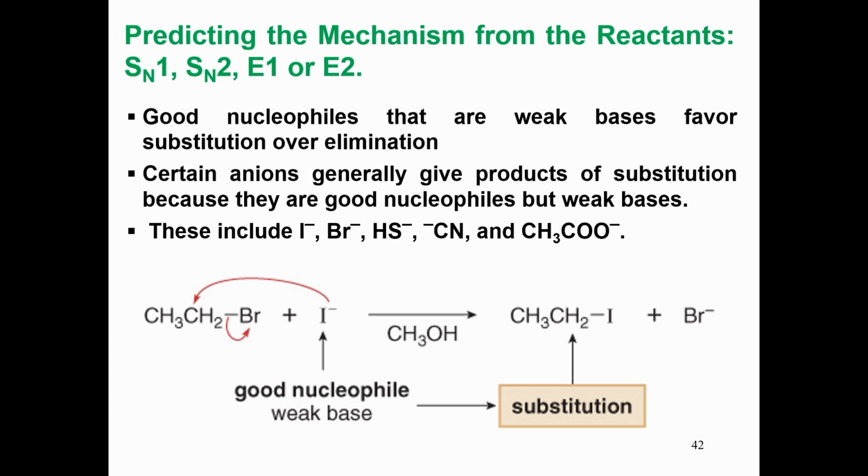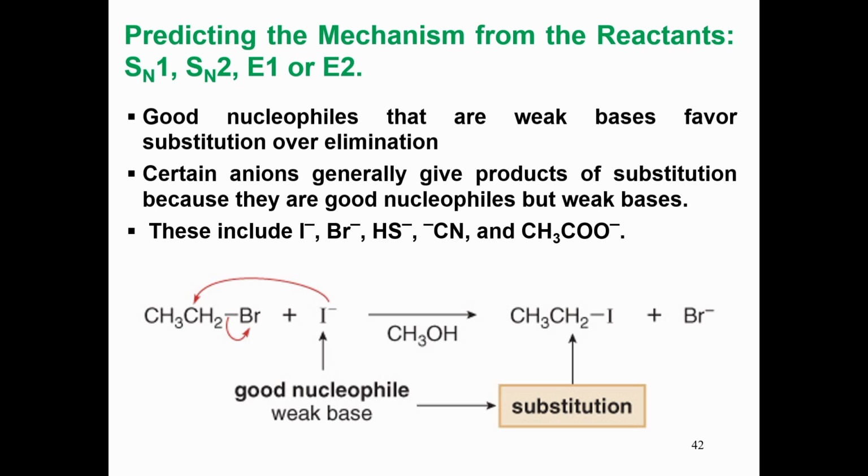How do we predict whether a compound is SN1 and SN2, E1 or E2? Now, when there are good nucleophiles that are weak bases, substitution reaction will be favored over elimination.